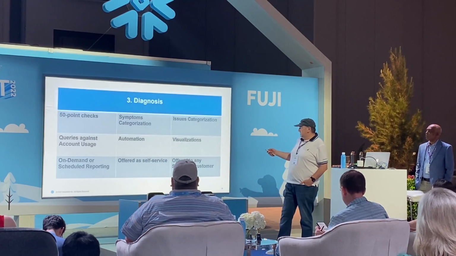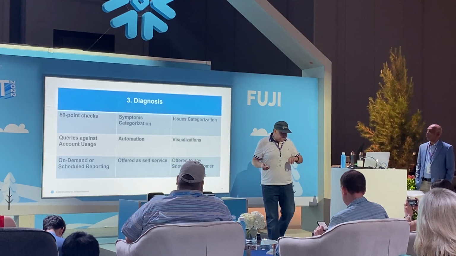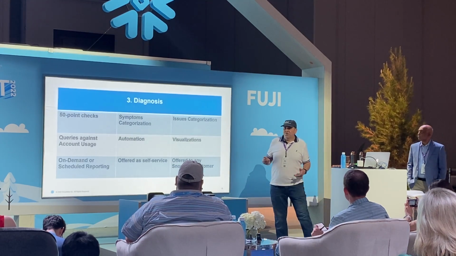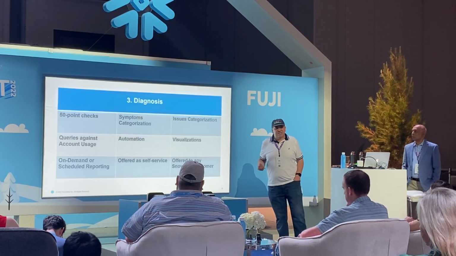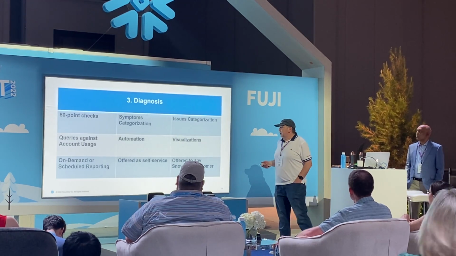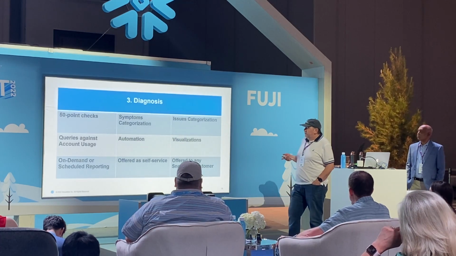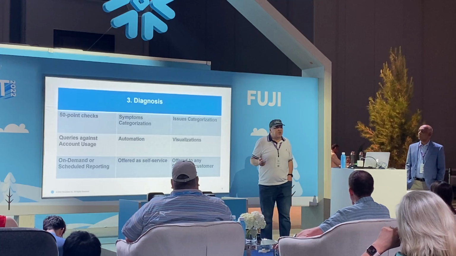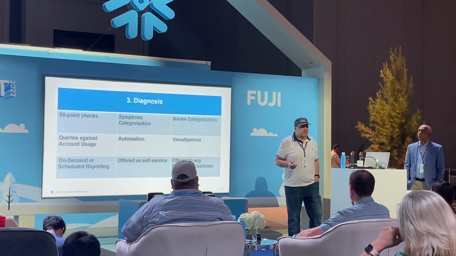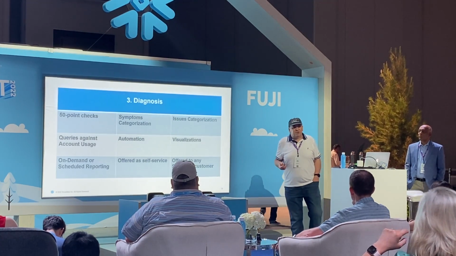The next thing is, once we identify the symptoms, we go to diagnostics, again similar to a physical health check. Here you see a 50-point check, which is an example. Our standard one is over 100 checks. It's not about quantity, but about being exhaustive.